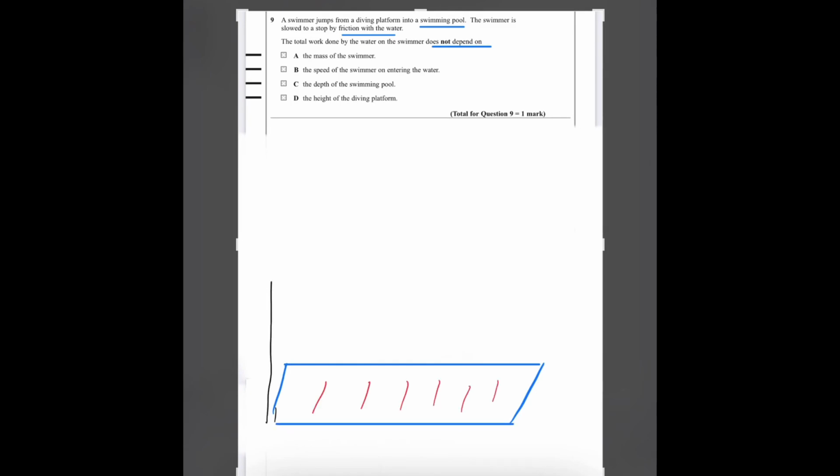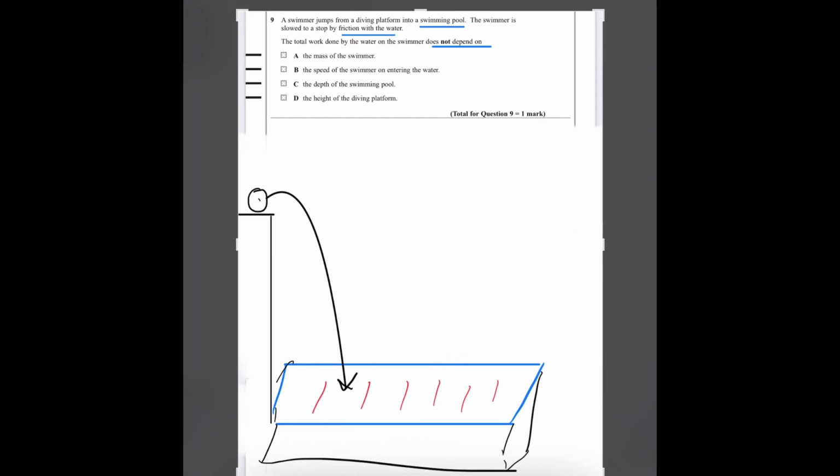We have a stand here like this, and the swimmer jumps into the pool and goes into the water, and the water does work on the swimmer. So work done is basically force times distance, right?